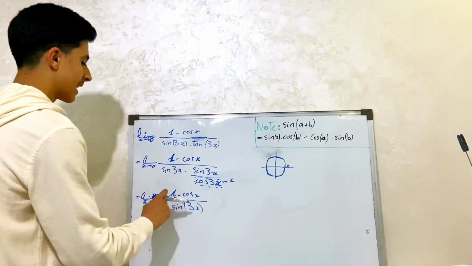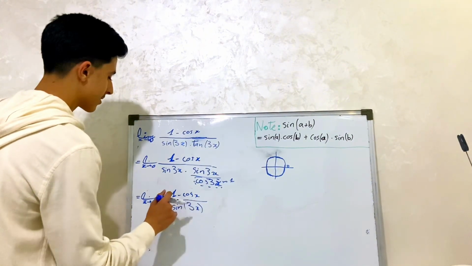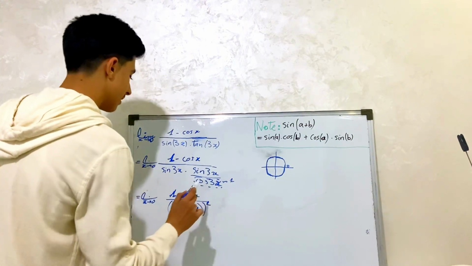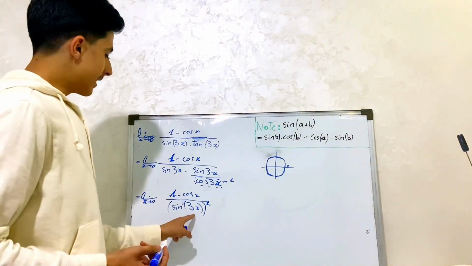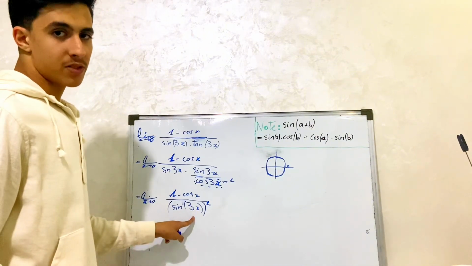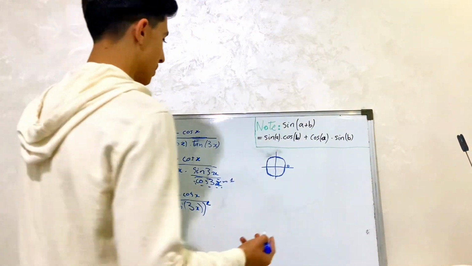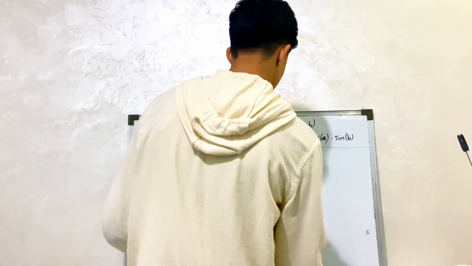Instead of saying sine squared 3x, we're going to put the whole thing squared. It's better to write it this way. So 3x, what's 3x? It's 2x plus 1x, which is basically 2x plus x. We can write it that way.